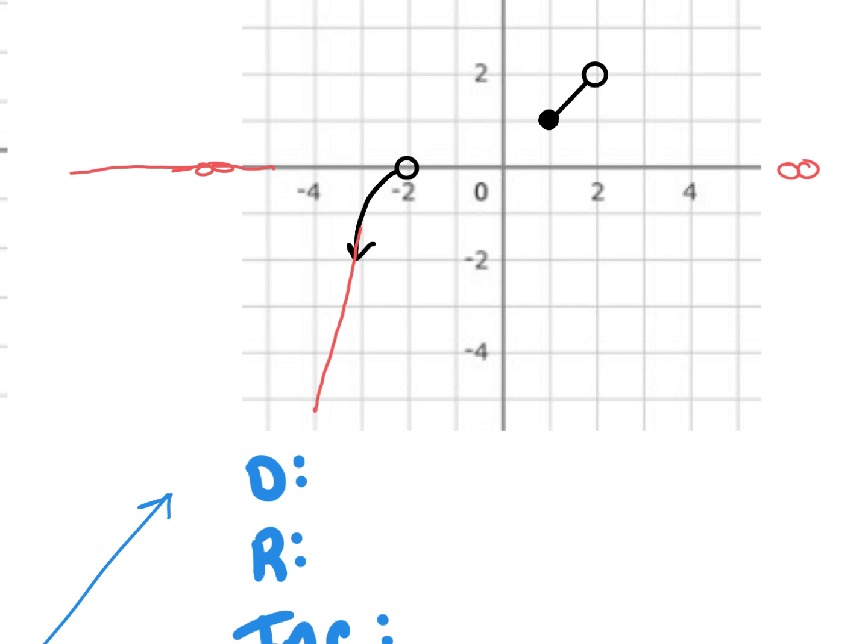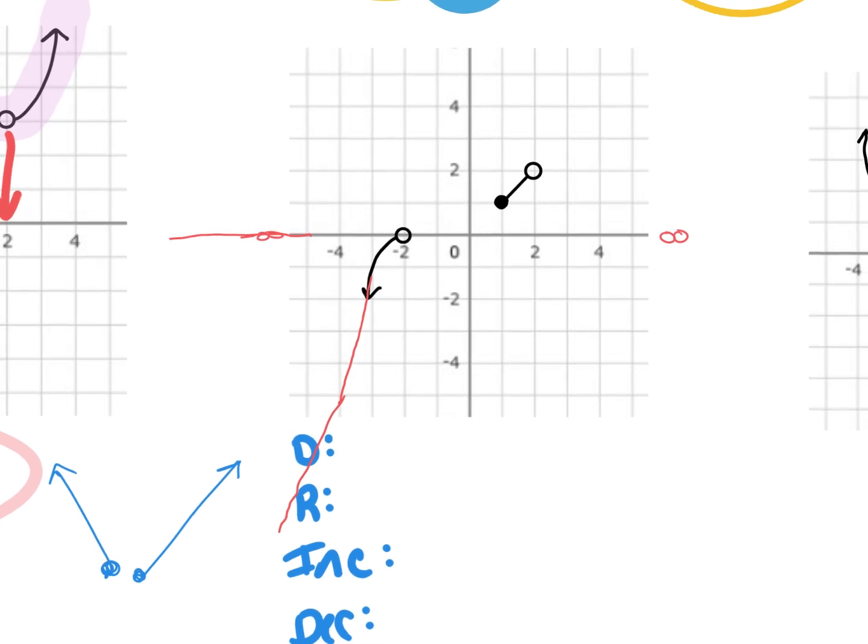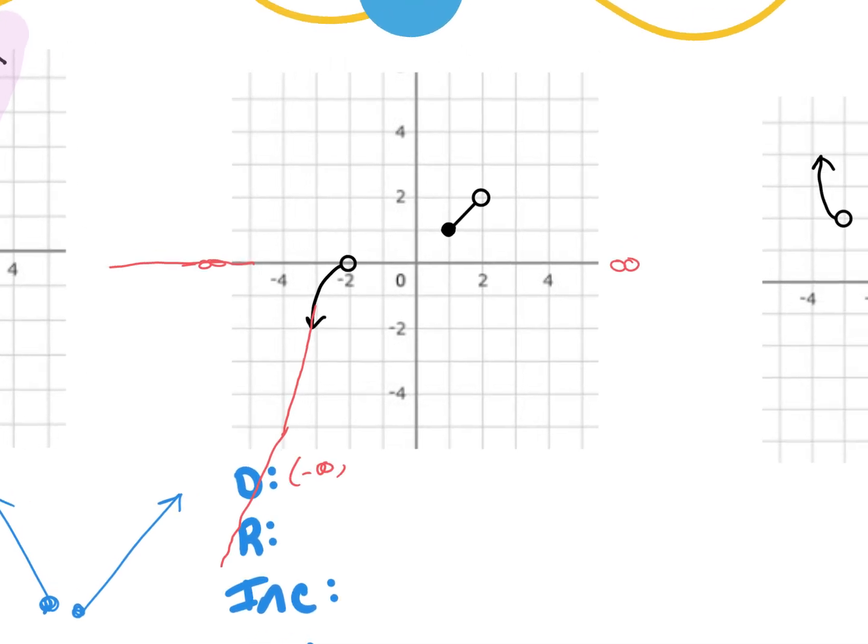All of these values over here, are they going to be on this graph eventually? Yeah, they will be. So what is your domain? Where does it start for this one? Negative infinity. And it goes all the way to what? Negative 2. Does it include negative 2? No. How do you know that?